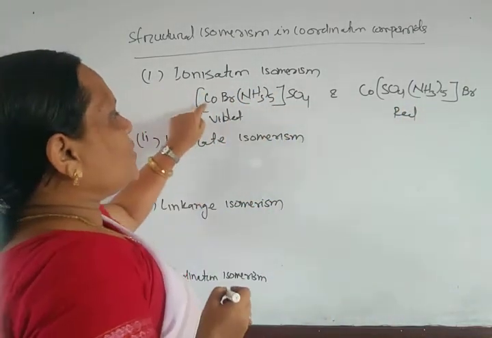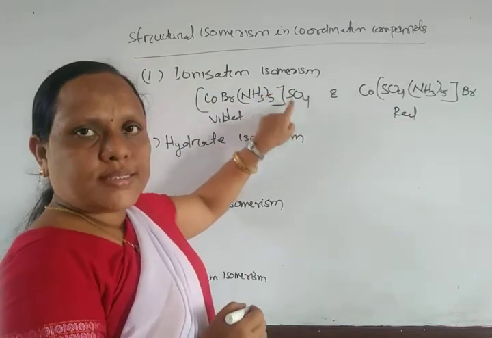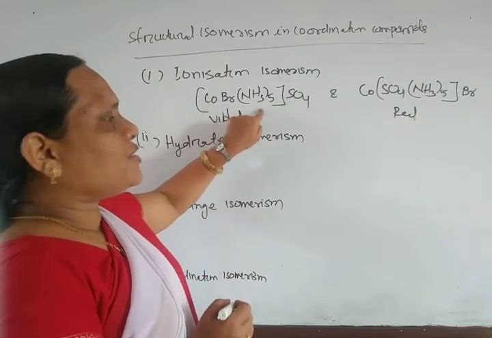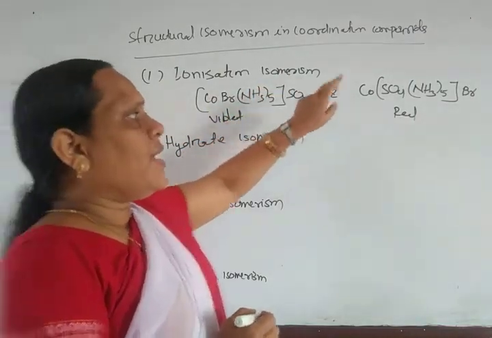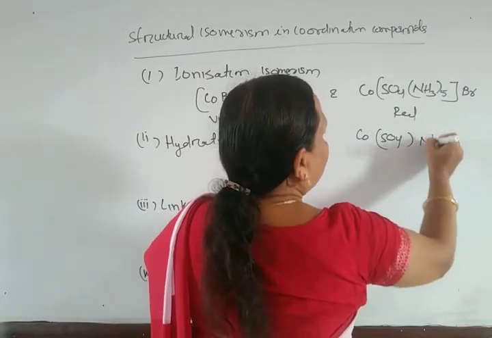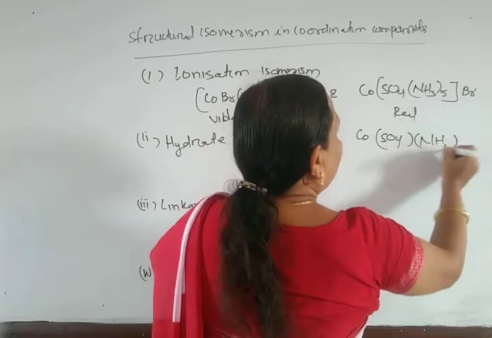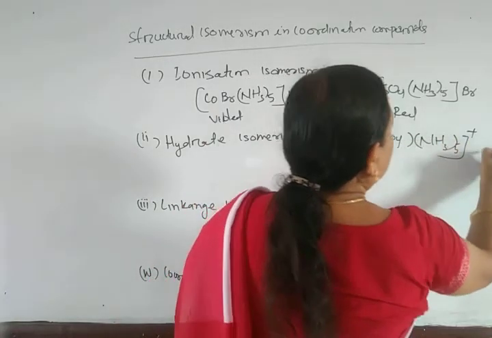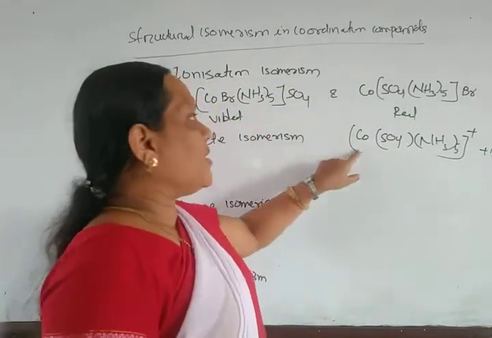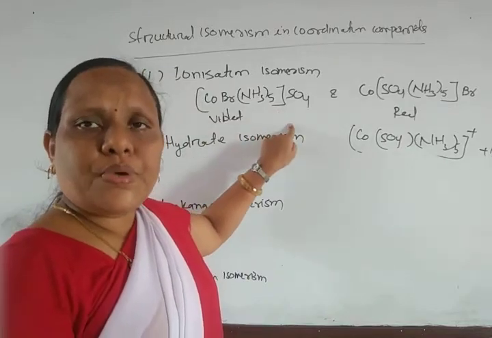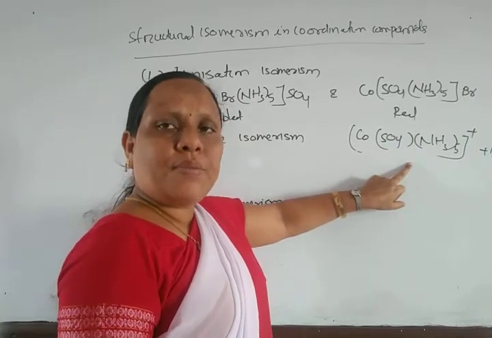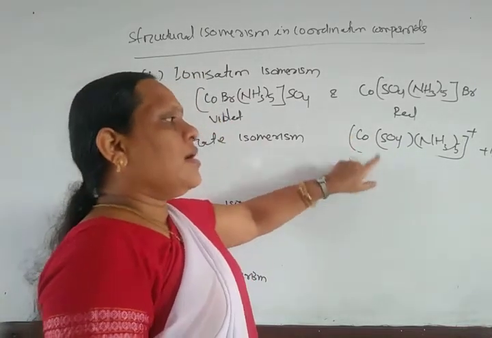Generally this gives [Co(NH3)5Br]2+ plus SO4 2- sulfate ion in aqueous solution, and the other gives [Co(NH3)5SO4]+ plus Br- ion. In this way, these two give different ions. One gives a white precipitate with barium chloride solution, and the other does not.